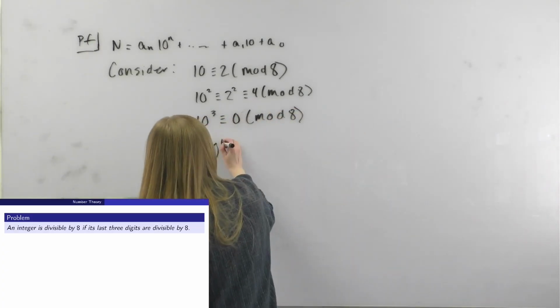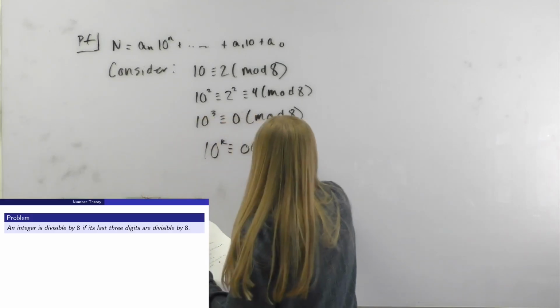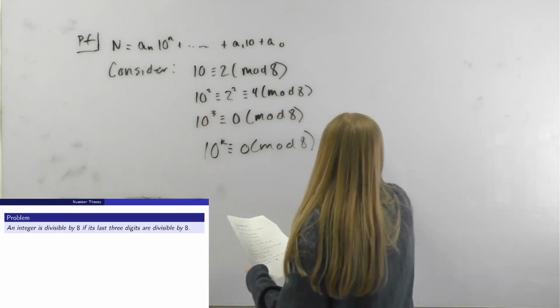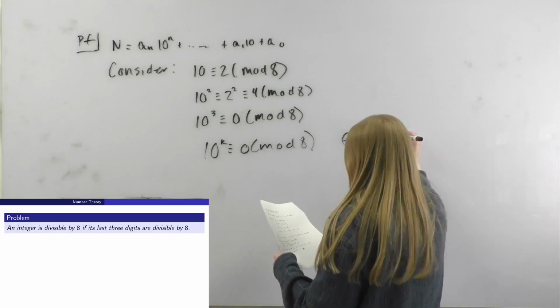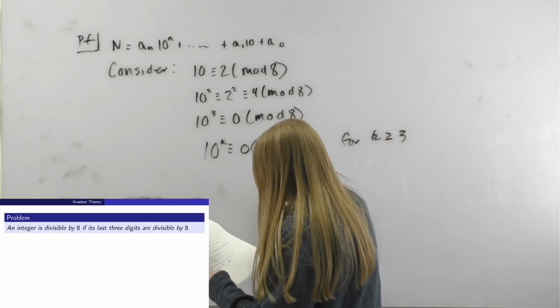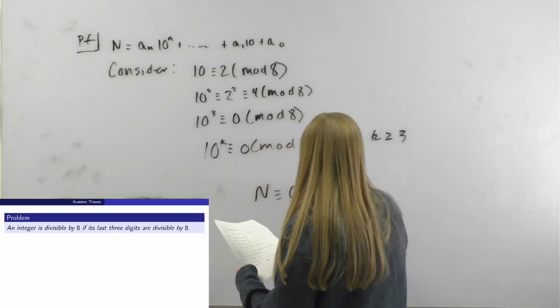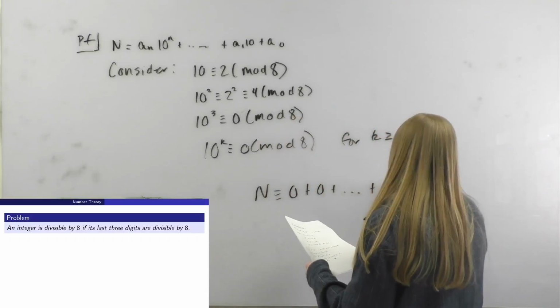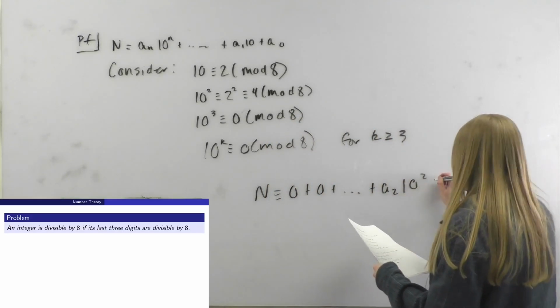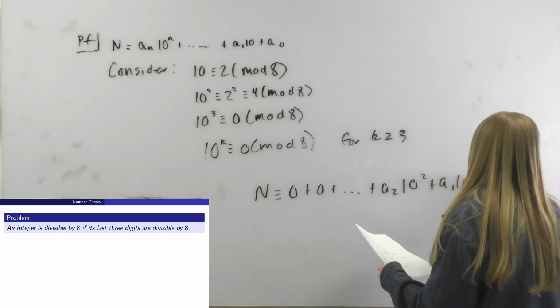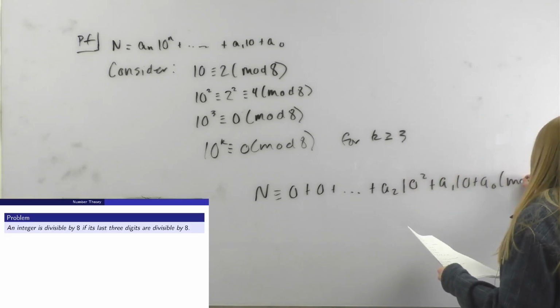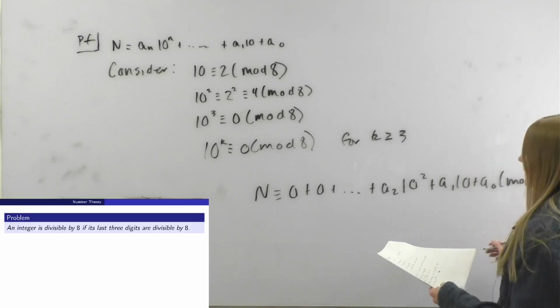So 10^k is congruent to 0 mod 8 for k greater than or equal to 3. So basically we get n is congruent to 0 + ... + a_2 10^2 + a_1 10 + a_0 mod 8.